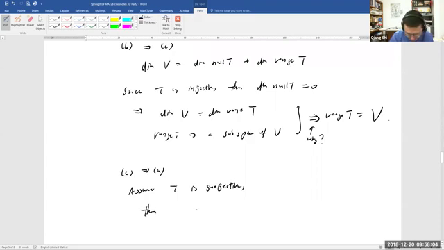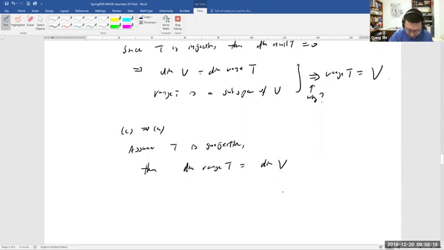Then the dimension of the range of T is equal to the dimension of V. So then, this fundamental theorem: dimension of V equals dimension of null T plus dimension of range T.